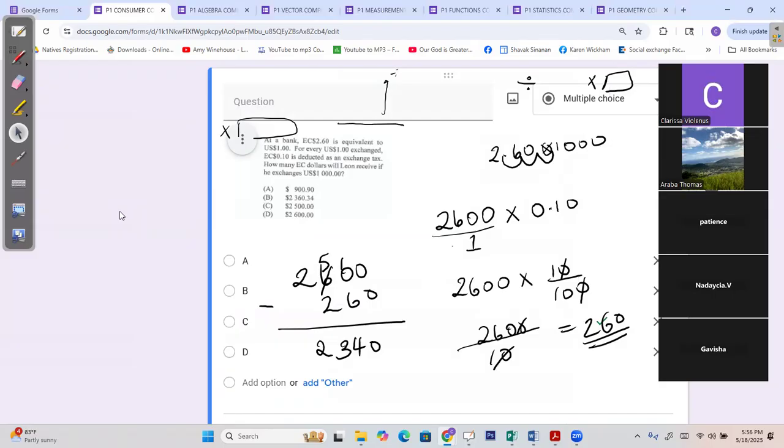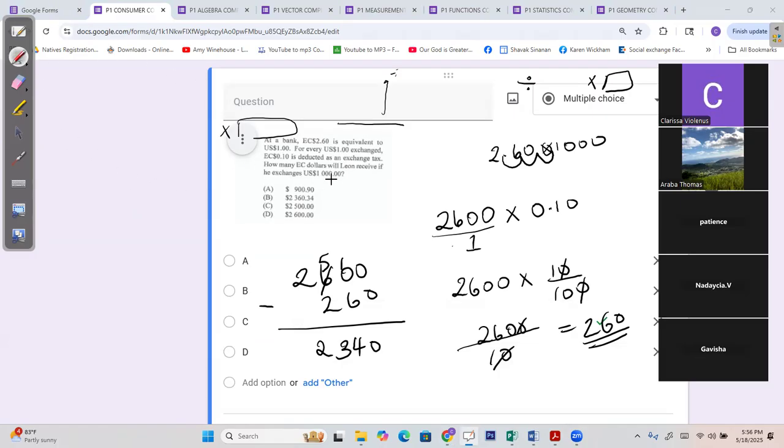Did everybody understand what we did here? Yeah, there's a mistake with this one. It could never be $2,500, because $2,500 would mean we subtract $100 as tax. How could it be $100 tax? It would be 100 US. Anybody realize the mistake here? Think about it. 10% of $1,000 would be $100, right?